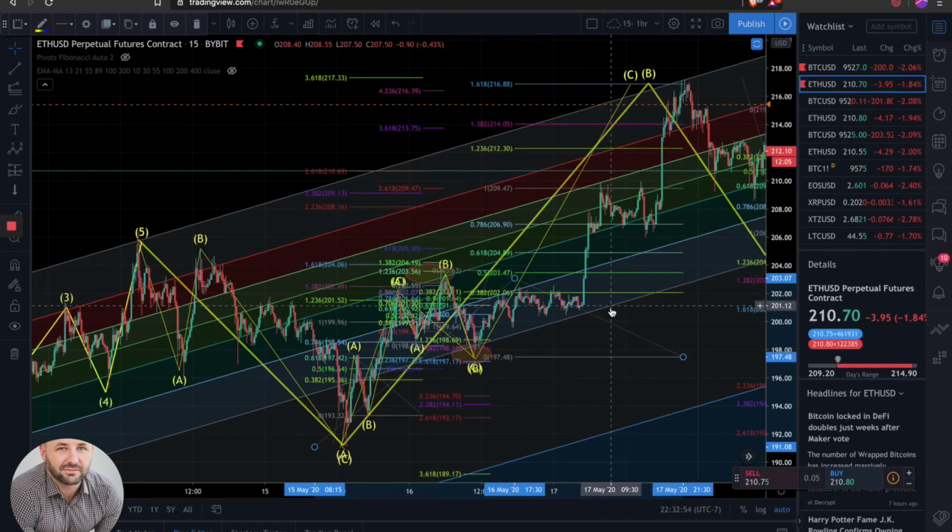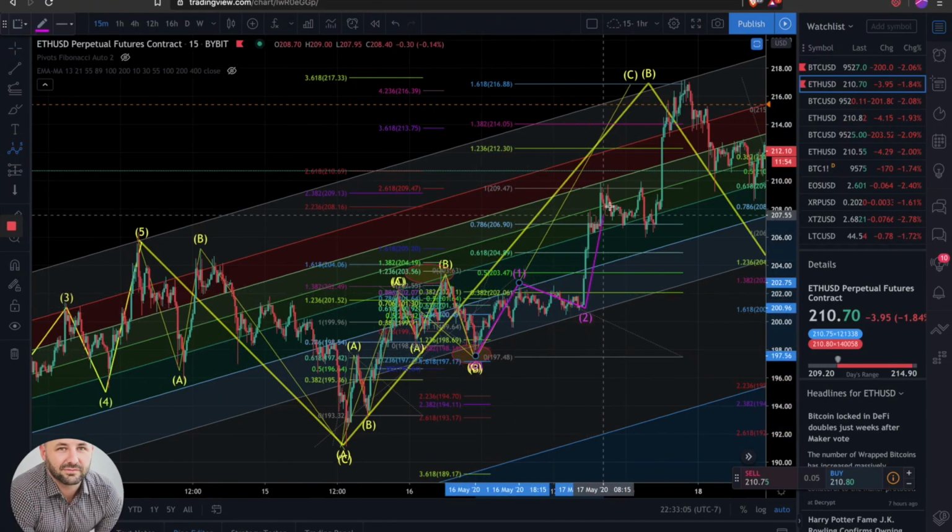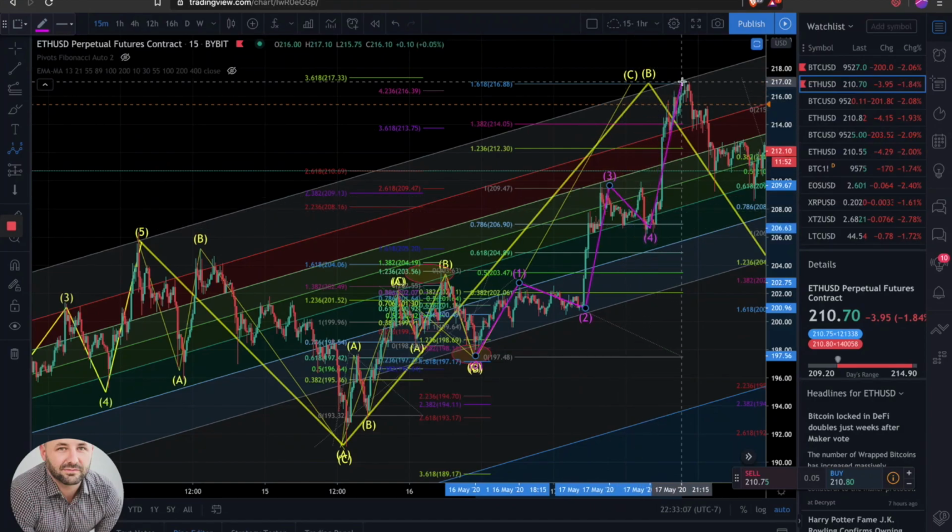And again, being that it's a 5-wave move for a C wave, know that it had to play out with a full 5 waves. And it's pretty clear, again, from a 5-wave structure that this was your 1, 2, 3, 4, and then up on your 5th.